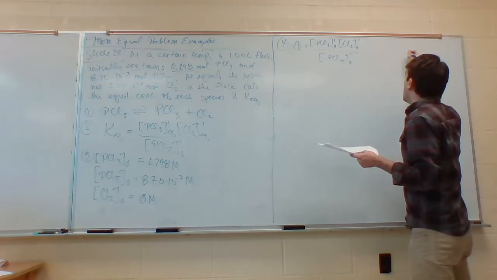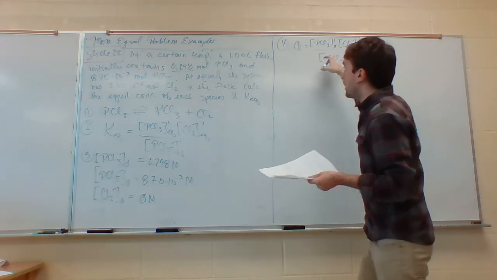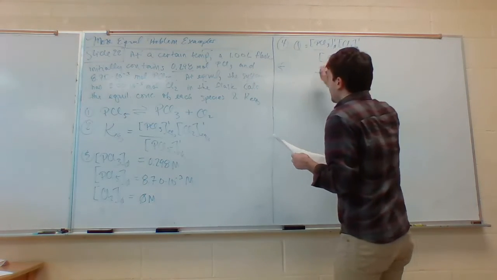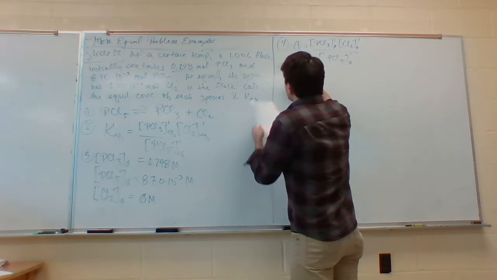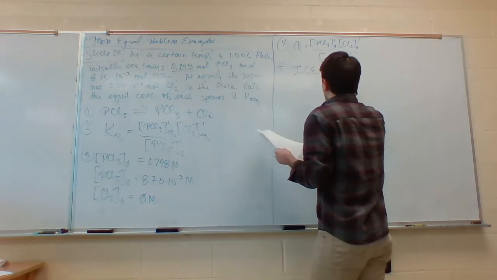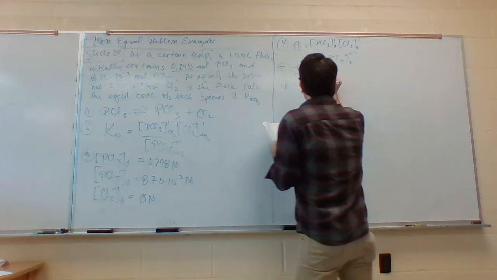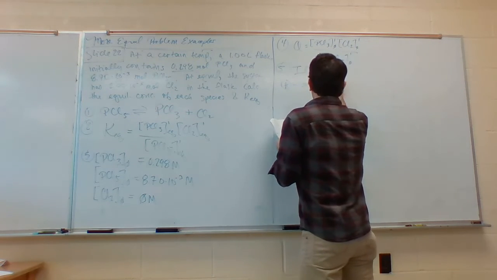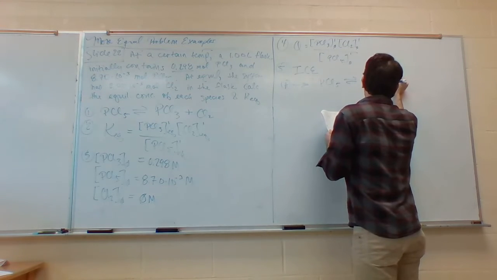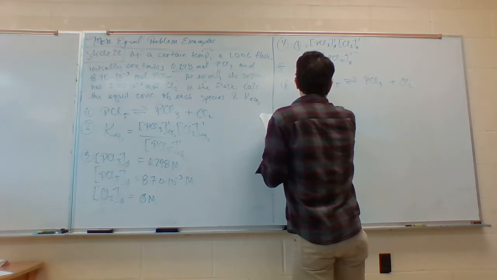And then you would plug that in and you would compare it to K. All right. Now, we're not asked for Q, so I'm not going to worry too much about that. The next step, right, you guys could do that on your own. The next step is going to be to set up our ice table. All right. So, part A, right, we write in our reaction, which is PCl5 in equilibrium with PCl3 plus Cl2. We have I, C, and E rows.